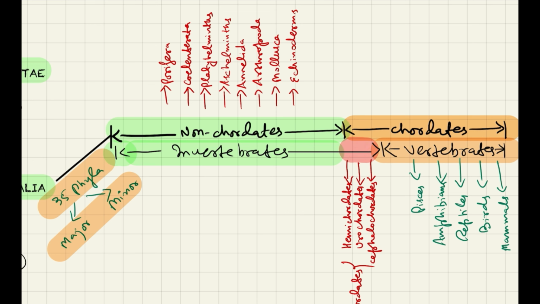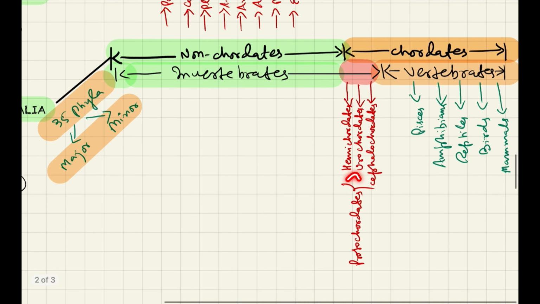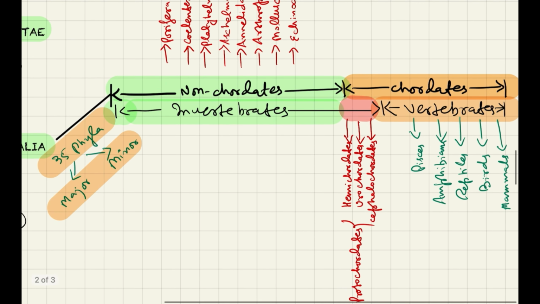There are many more details to this, but the main catch is this: if they are chordates, they have a notochord, but no vertebral column, it means they are invertebrates. Despite being chordates, they are invertebrates in this section, and they are known as protochordates. They consist of hemichordates, urochordates, and cephalochordates, which we will take up further, but this is the concept which needs to be learned.